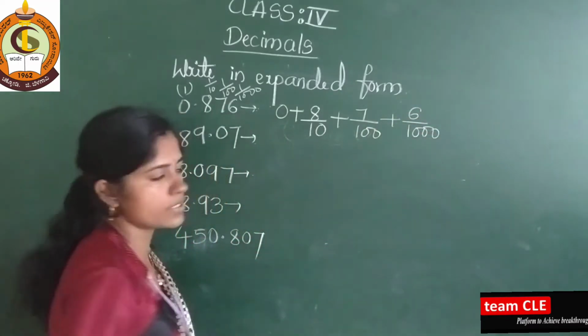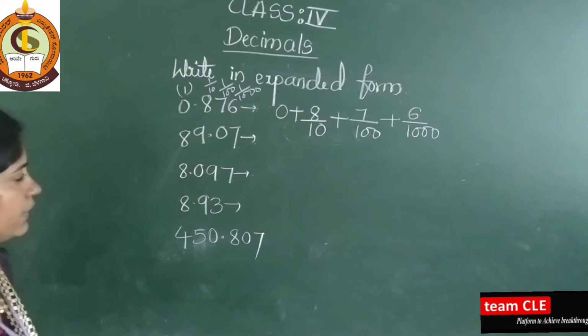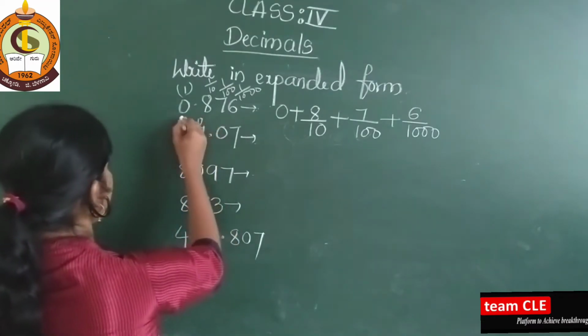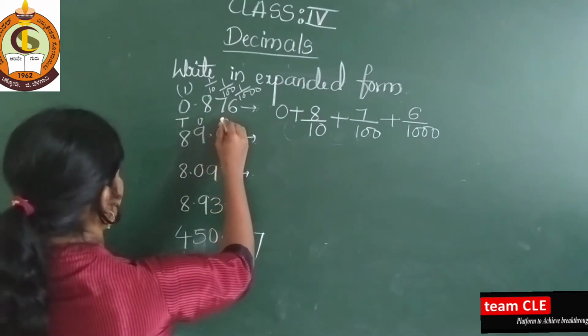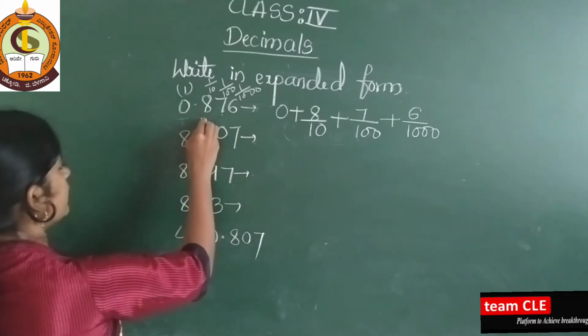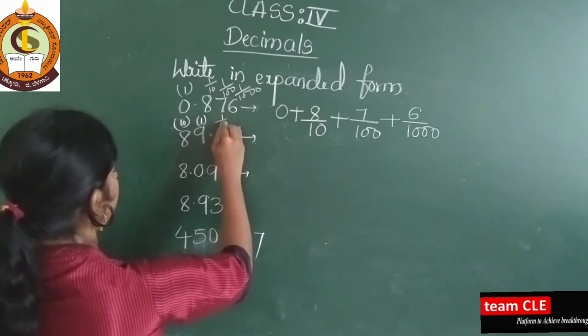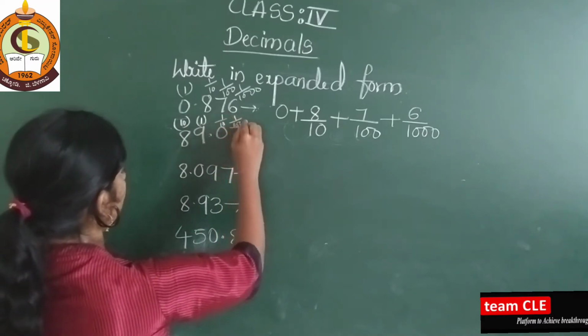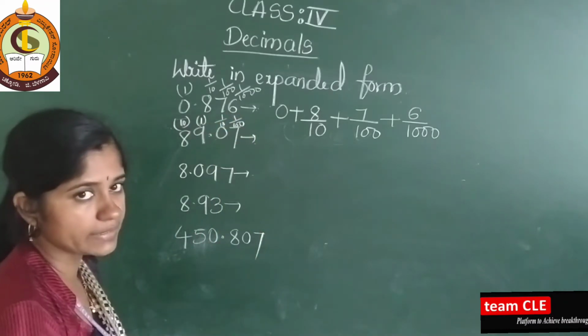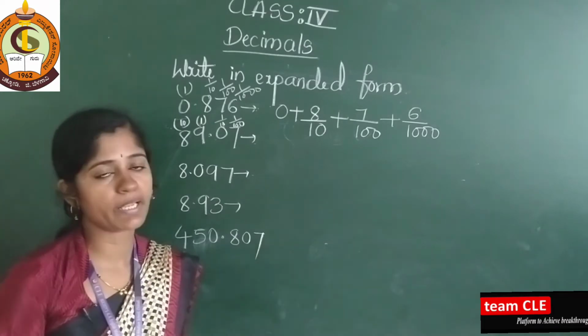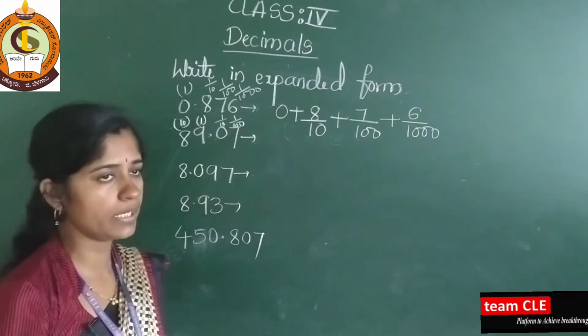Why did I write this? I hope you understand. Here ones and tens are there, so you write here 1 and here 10, and here 1 by 10 and here 1 by 100. I hope you are understanding. If you know the previous place value chart, then you can expand the numbers.